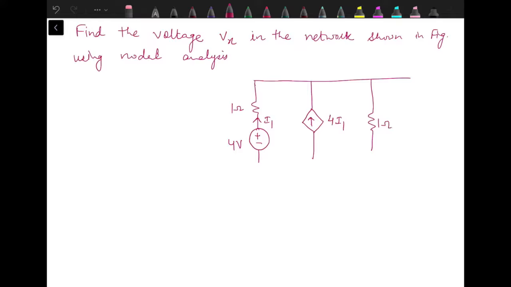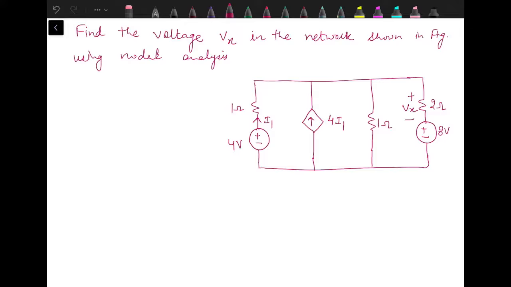Here we have 1 ohm resistance. Then 2 ohm resistance which is connected in series with 8-volt source. And across this 2 ohm resistance we have voltage Vx. So we need to find out this Vx using nodal analysis.